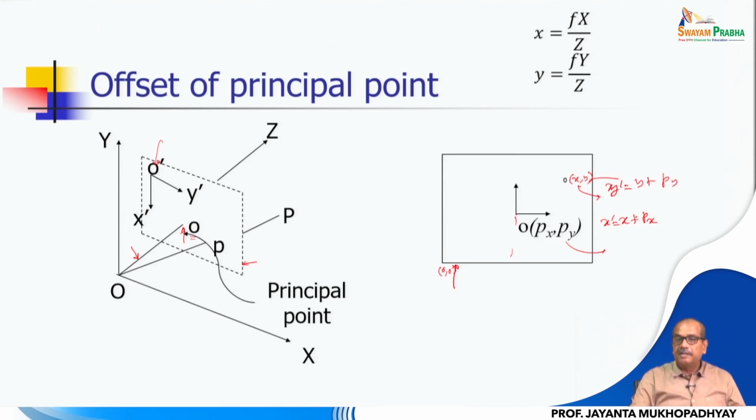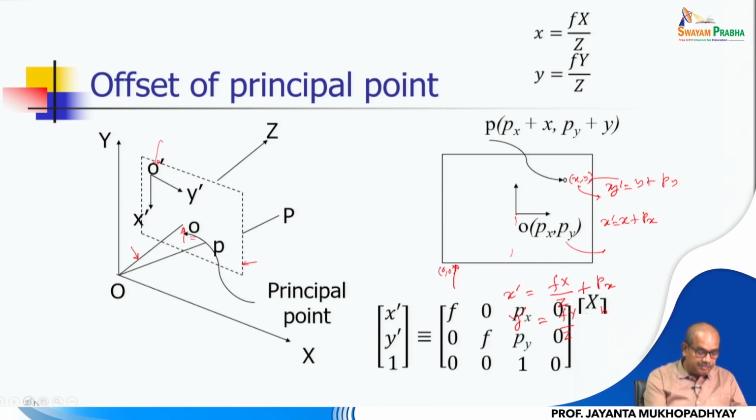that if I express it in terms of your coordinate transformation, the relationships can be written x prime equal to fx by z plus px and y prime equal to fy by z plus py. Now, this once again can be represented in the form of linear transformations using the homogeneous coordinate system as before.